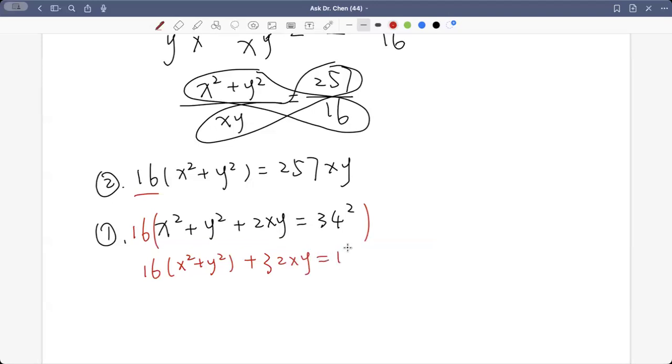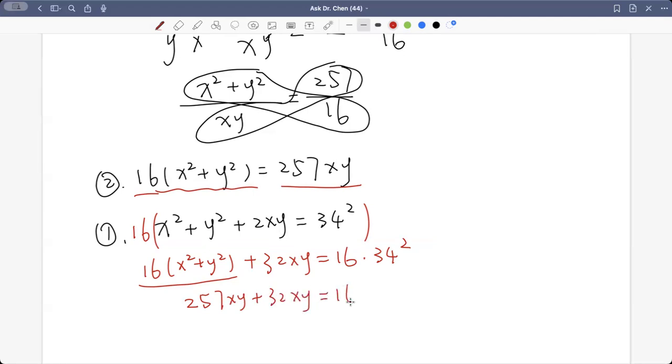Then it equals 16 multiplied by 34 squared. Now, according to the second one, 16 times x squared plus y squared equals 257xy. So let's substitute this in: 257xy plus 32xy equals 16 times 34 squared.